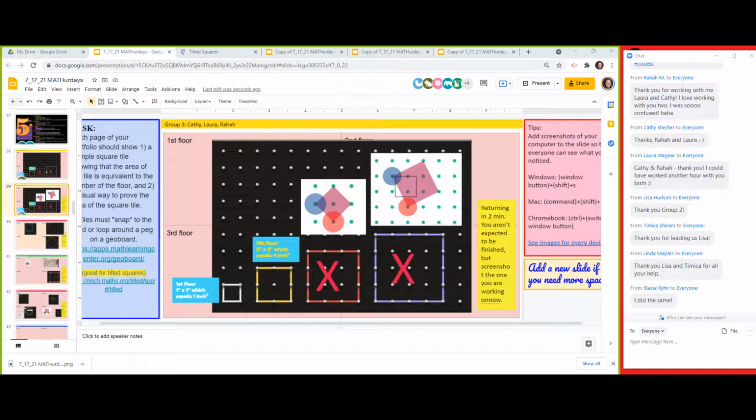I can try. I guess what I was thinking, and when we realized we made this mistake, is that the side length on the first floor is the square root of 1. The side length of the second floor is square root of 2. Side length for floor 3 is square root of 3. And we just kept going. And because square root of 1 times square root of 1 is 1, and that gives you the area of 1, I kind of confirmed that generalization.